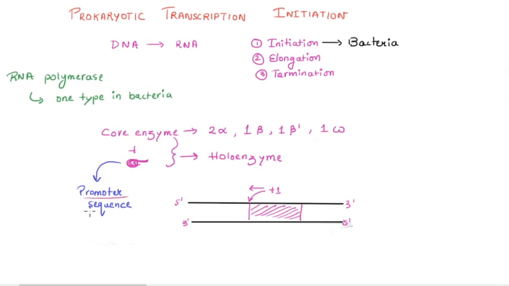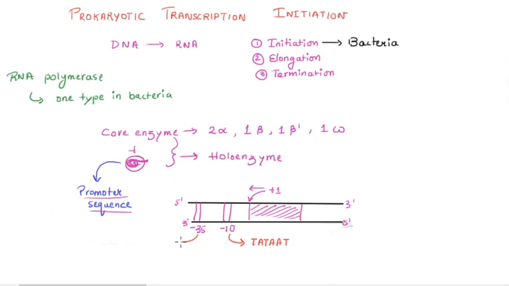Now, the promoter sequence is somewhere near the -10 and somewhere near the -35. These two sequences are recognized by the sigma subunit, that is the holoenzyme of the RNA polymerase. Now, around the -10, the sequence is something like TATAAT.